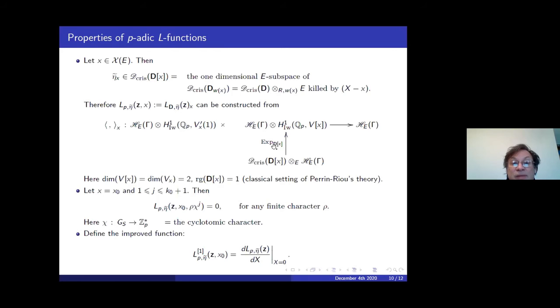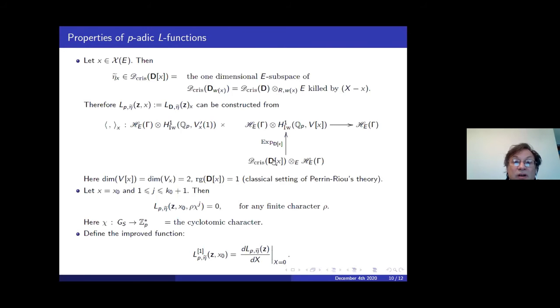and the exponential map from this submodule, which is again a submodule of rank 1 of the specialization of the phi-gamma module D at the weight k.